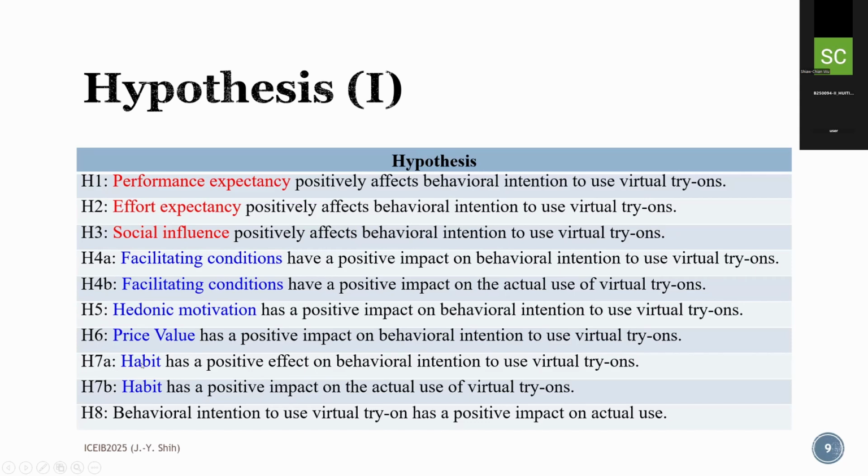And as to habit, we propose that habit has a positive effect on behavior intention, and it also has a positive effect on actual use of virtual try-on. As to H8, behavior intention to use virtual try-on, we think it has a positive impact on their actual usage. That means if they have a higher intention to use virtual try-on, then they will use it more often in their life.